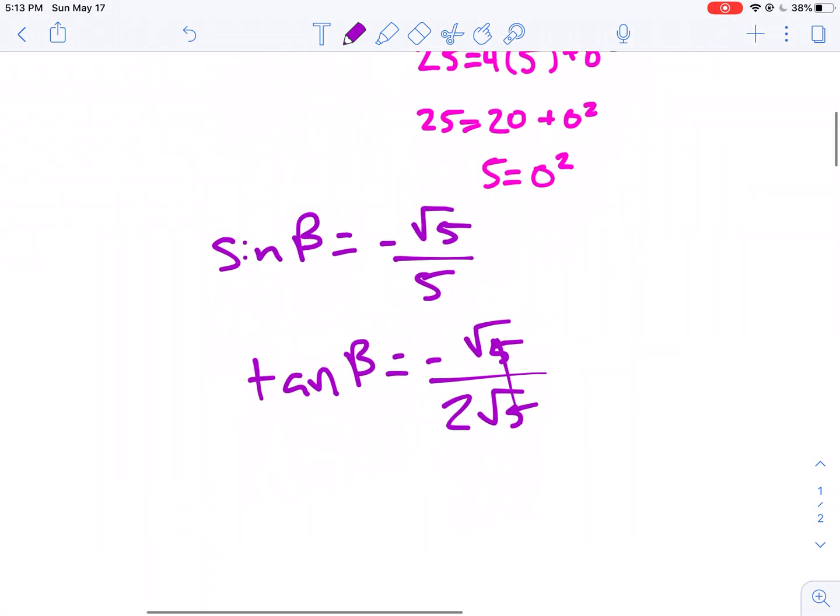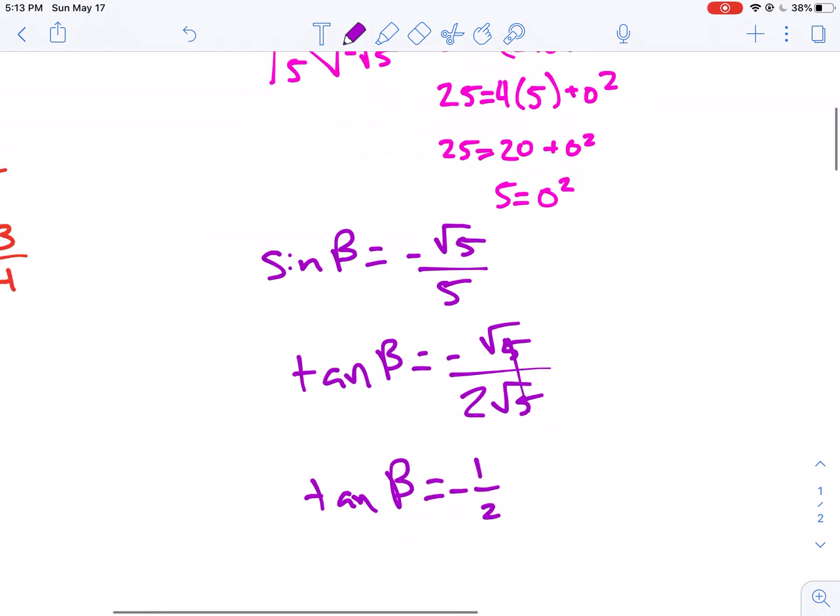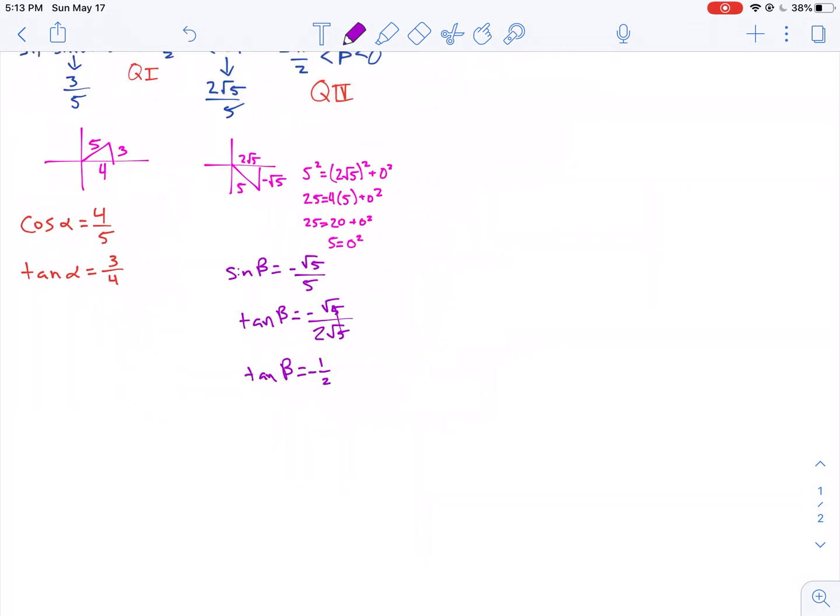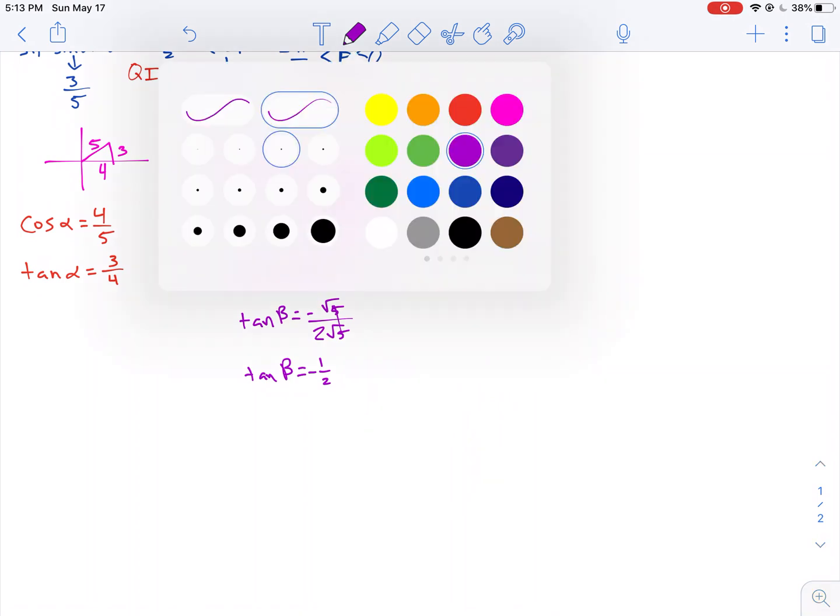Those will reduce, and I'll be left with the tangent of beta equal to negative 1/2. So that's going to give me all the information I need. Now that I know all 3 of my trig values for the ones being given to me, this is just plug and chug. This makes my life 30 times easier to have all this information from the get-go as opposed to waiting and then applying at the end.